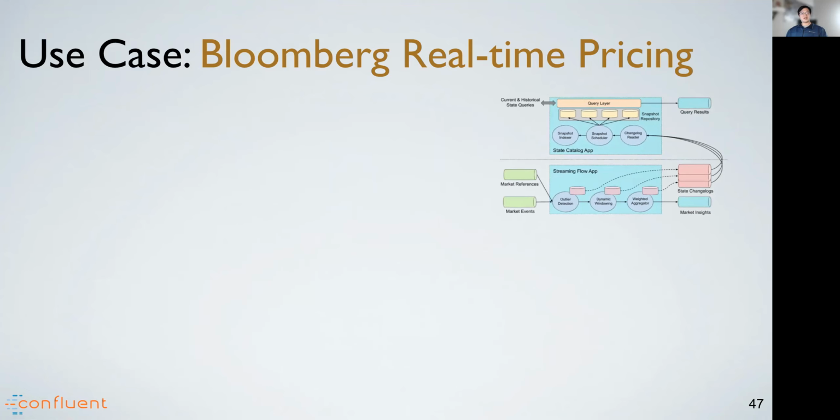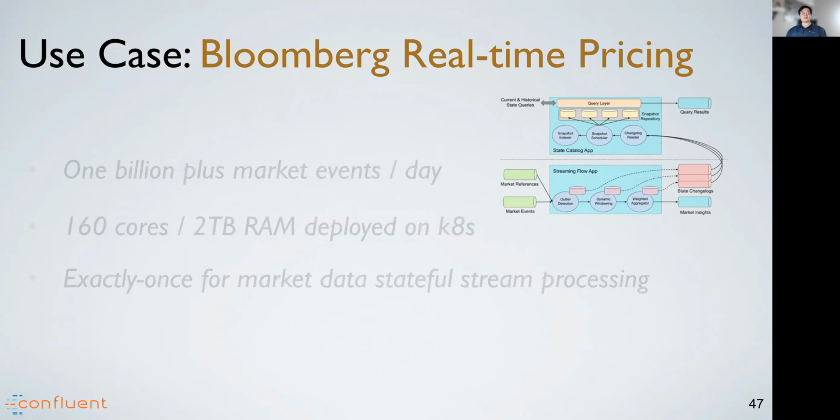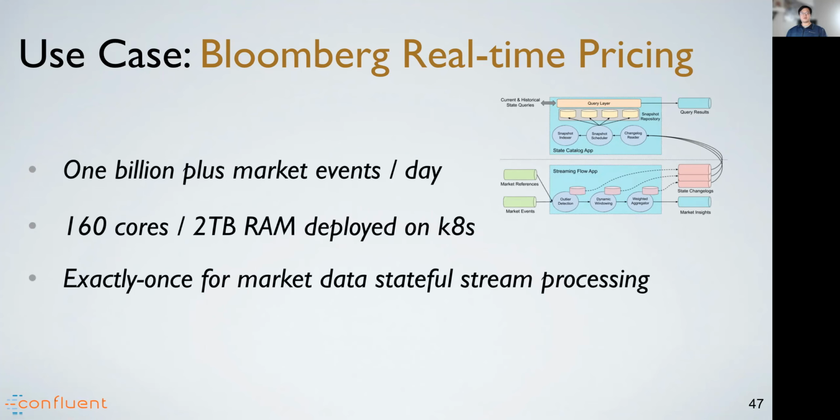At the moment, Kafka Streams has been deployed on 116 cores in this platform, with a total of 2 terabytes of data in main memory, processing more than 1 billion market events a day. And because the output of this platform is used for various model pricing tasks, data accuracy comes with very high priority.